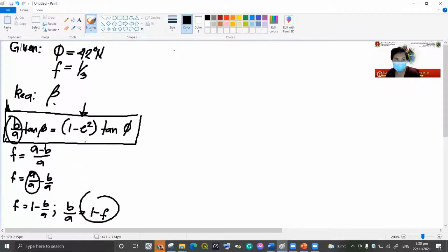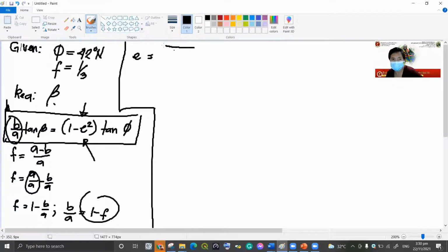Now, next one is for the e squared. How are we going to write e squared with respect to f? We all know that e is equivalent to the square root of a squared minus b squared all over a.